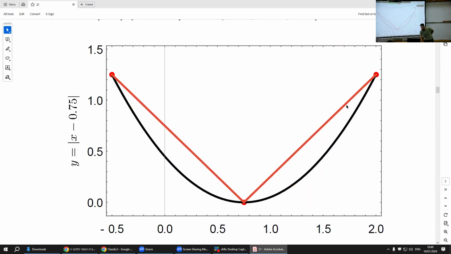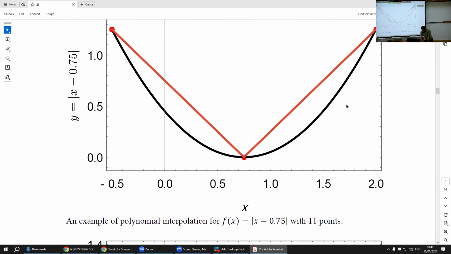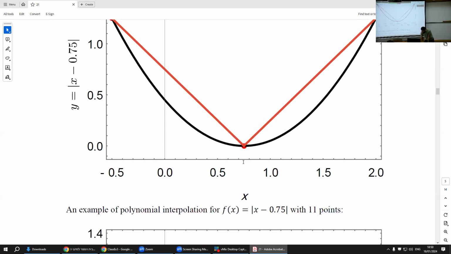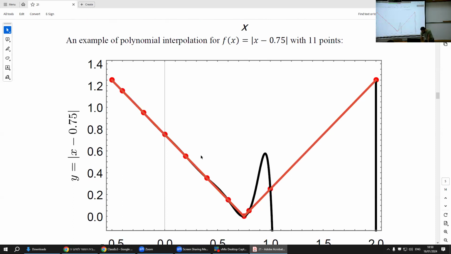So here is another example. The function is this absolute value. If we have 3 points, we will get this parabola. And if we have more data, here we interpolate somehow successfully.